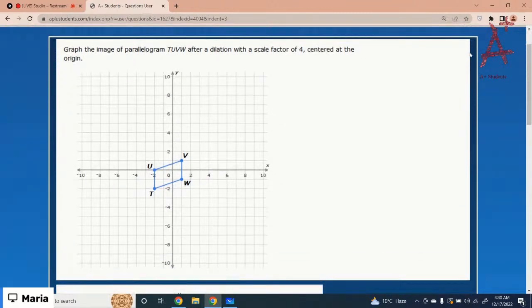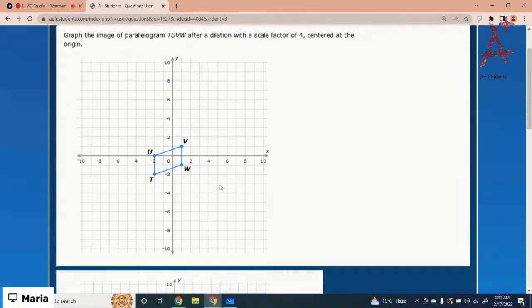Graph the image by the factor of 4. Okay, just look at all the factors. It is in the first quadrant, on the x-axis, then the third quadrant, then the fourth quadrant. So the scaled image has the points in the same quadrant.